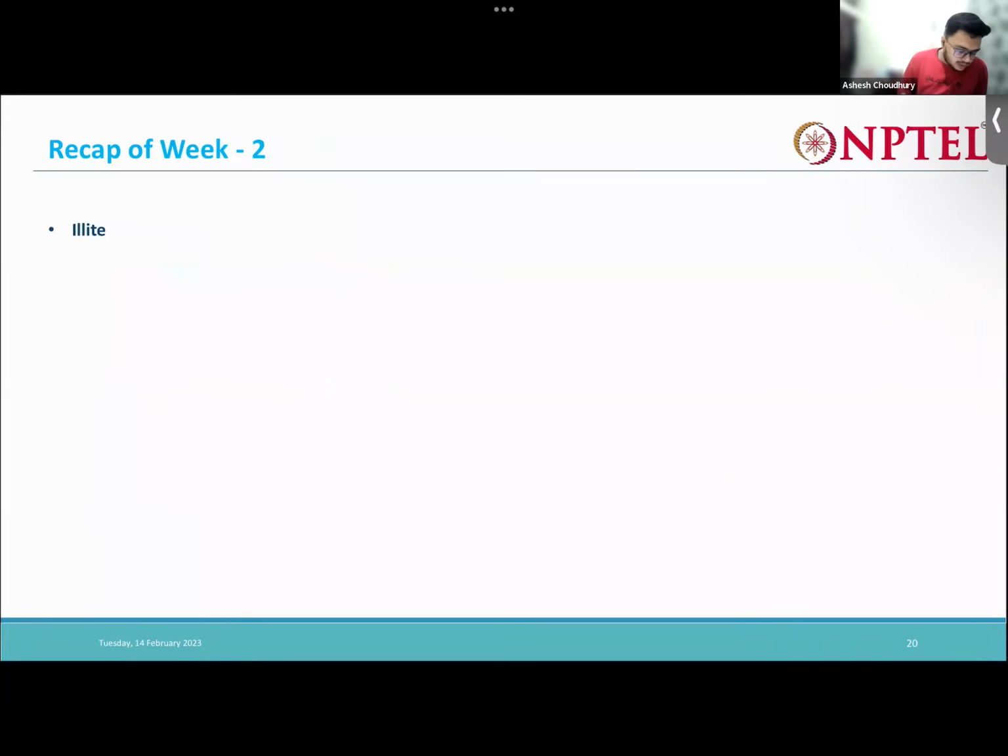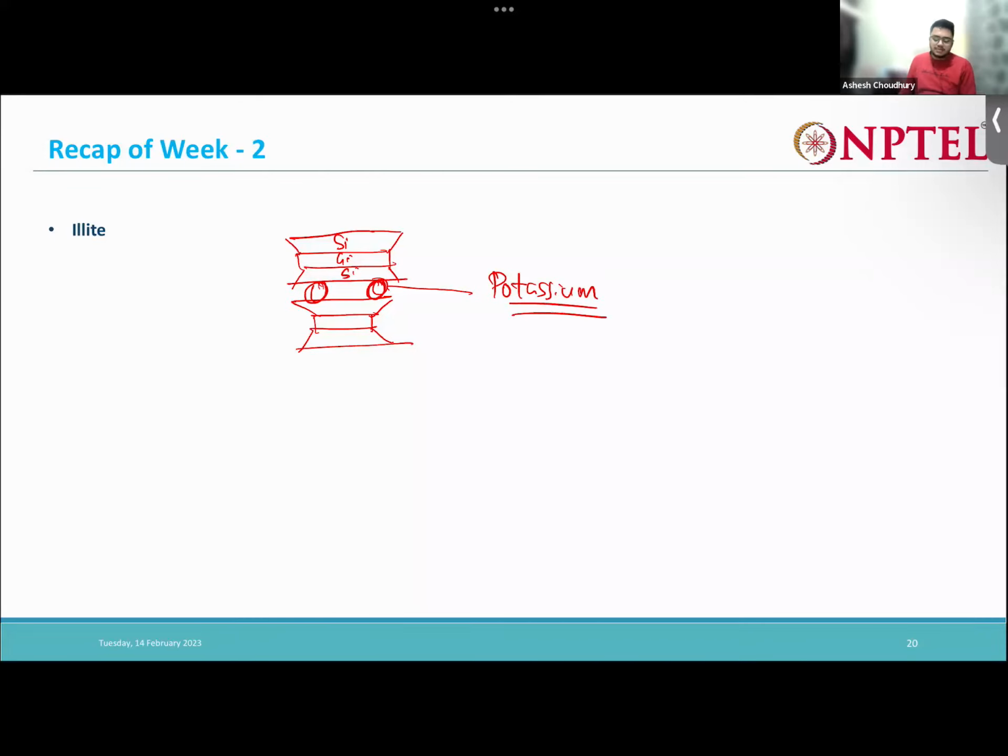Then after this we have illite. Illite is nothing but the same as your montmorillonite. This is a silica sheet, this is a gibbsite sheet, then this is again a silica sheet. But in between, where before there were completely van der Waals forces, now you have a substitution by potassium, the presence of potassium ions.